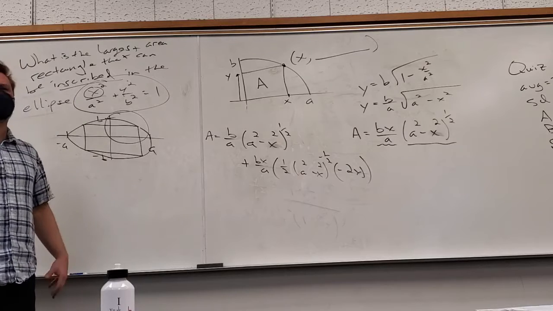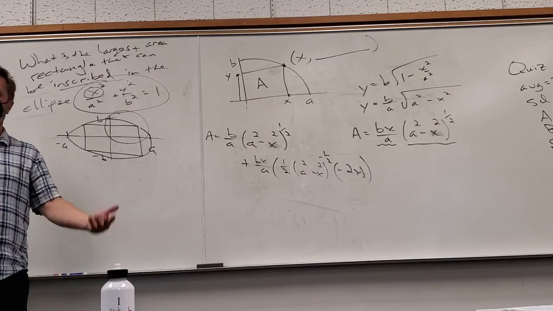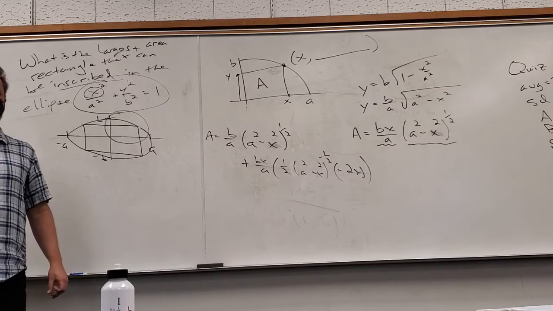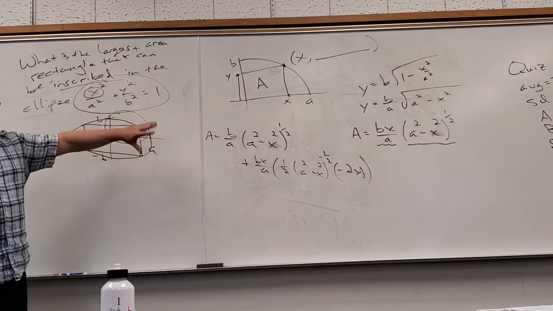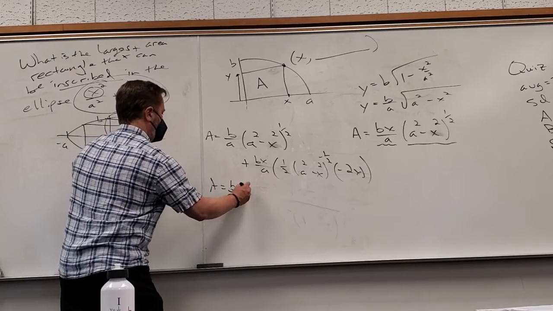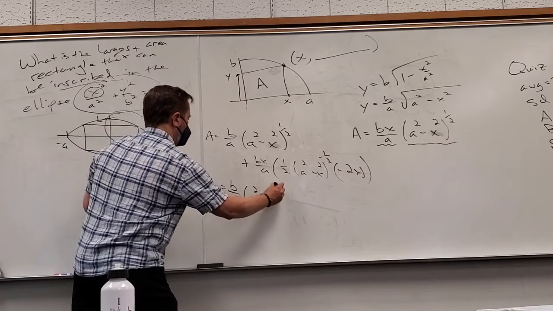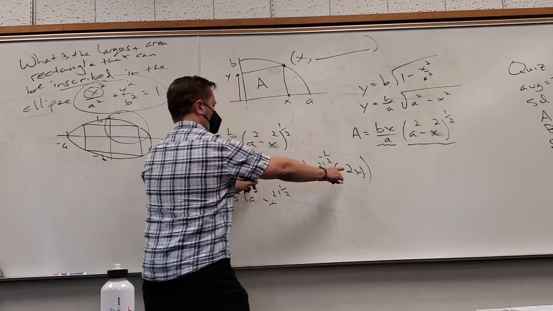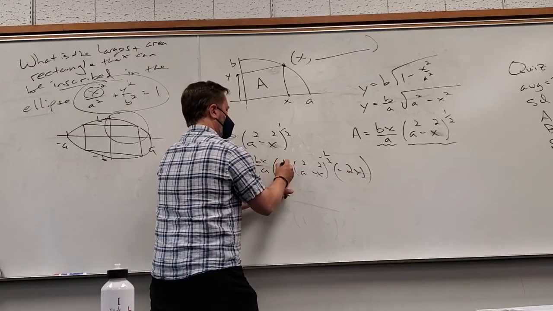There's a's and b's. They're just constants, so we can do this. Now that is kind of gross. Let's clean this up a little bit. B over a times a squared minus x squared to the 1/2. Let's see. The 1/2 and the 2 cancel.